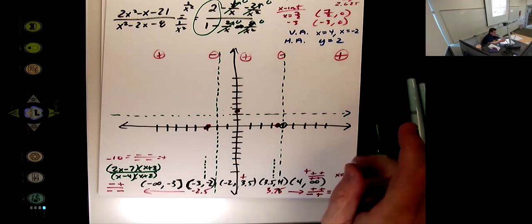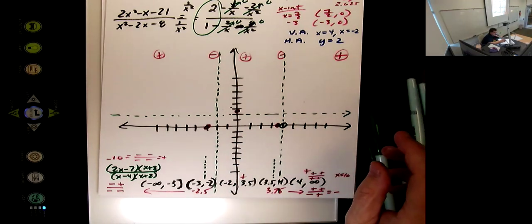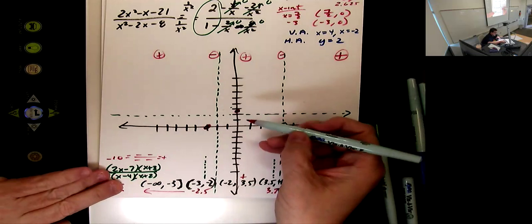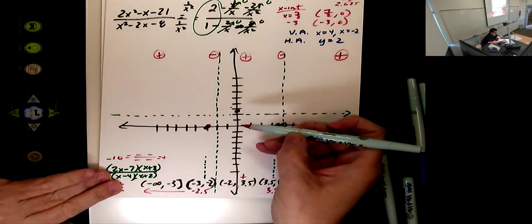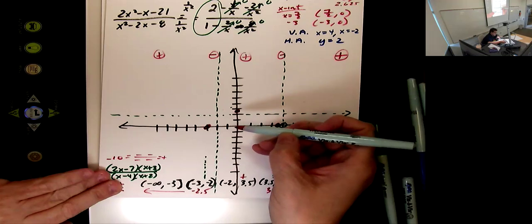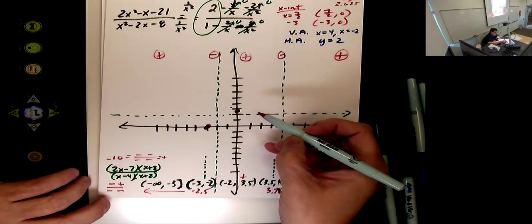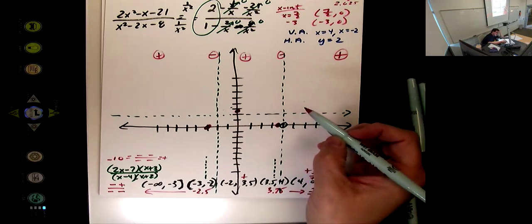Okay, so now we've got to follow the asymptotes. Let's start on the left. Does it cross anywhere in here? Let's see.